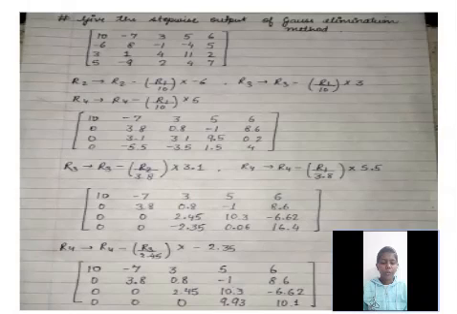R4 will be R4 minus R1 upon 10 into 5. So the matrix will be 10, -7, 3, 5, 6; 0, 3.8, 0.8, -1, 8.6; 0, 3.1, 3.1, 9.5, 0.2; 0, -5.5, -3.5, 1.5 and 4.